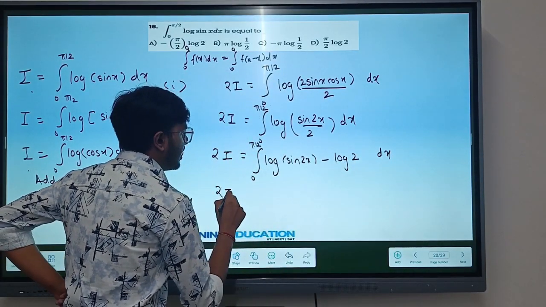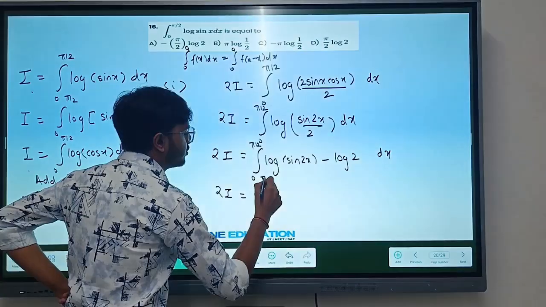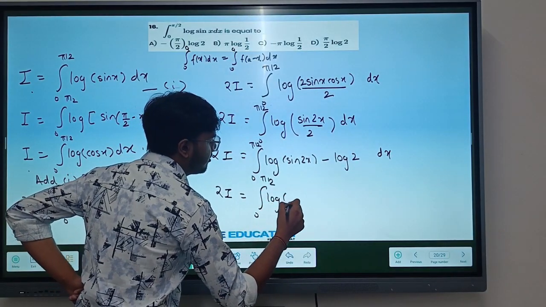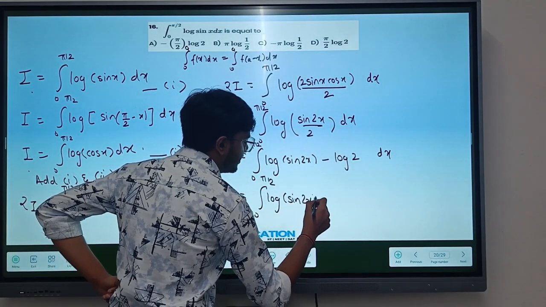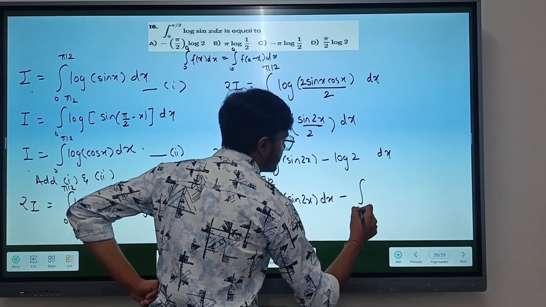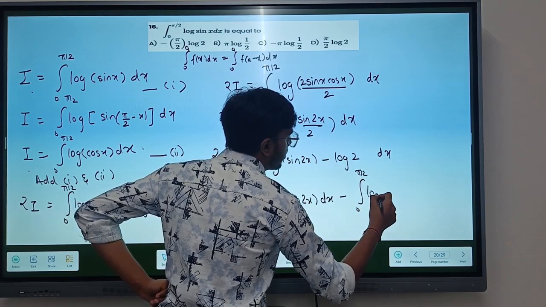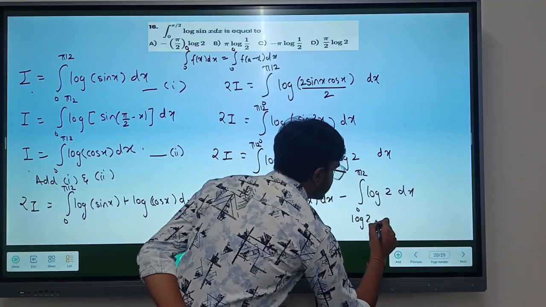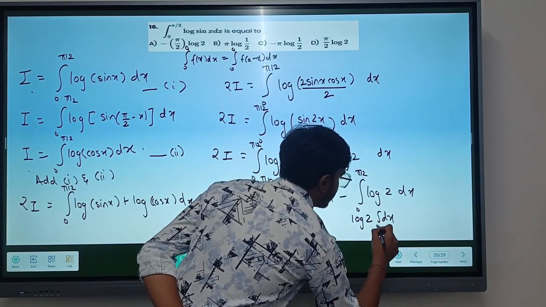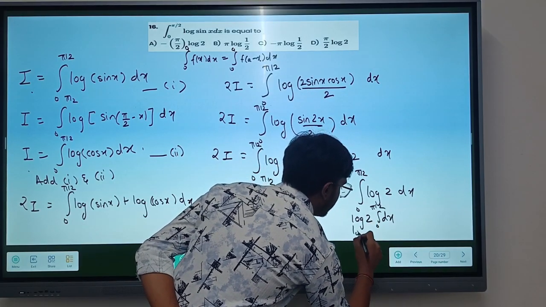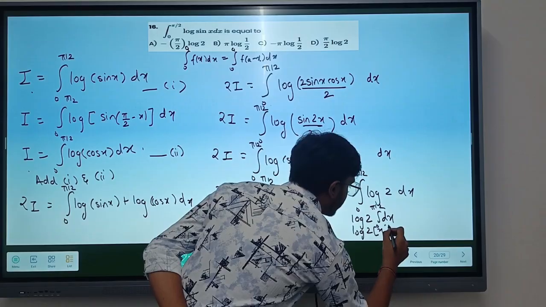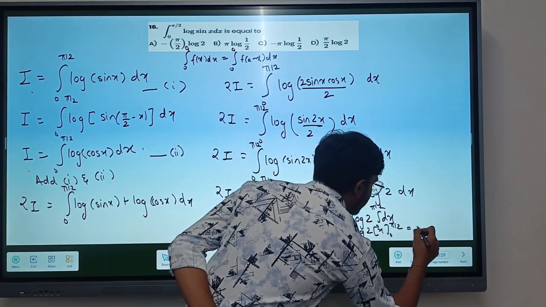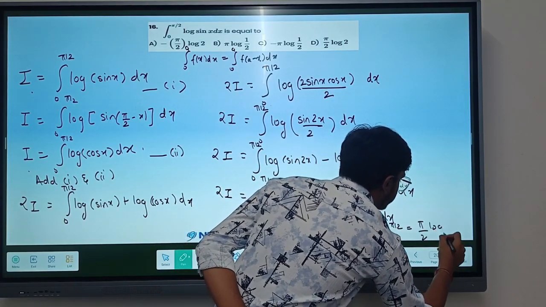So you can write 2I as integral 0 to pi by 2 of log of sine 2x dx minus integral 0 to pi by 2 of log 2 dx. So log 2 is a constant, you can write it as log 2 times integration dx from 0 to pi by 2, that is log 2 times x from 0 to pi by 2.